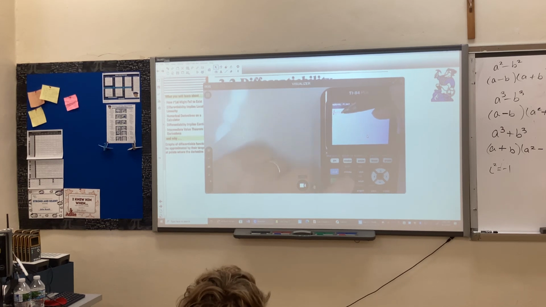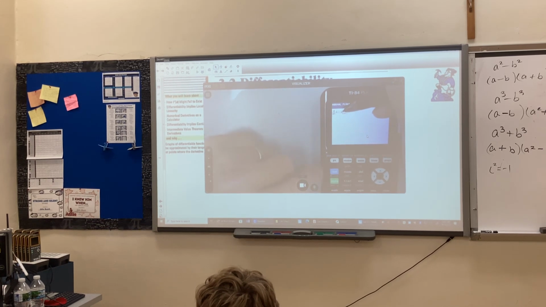So you put an x right here. The function you're taking the derivative of, I have in my y1.